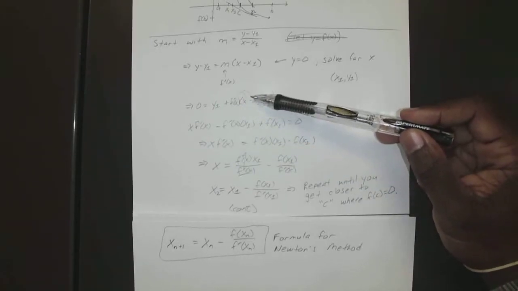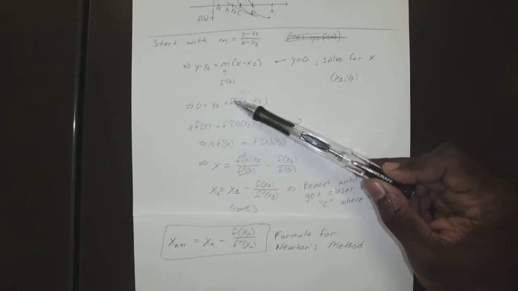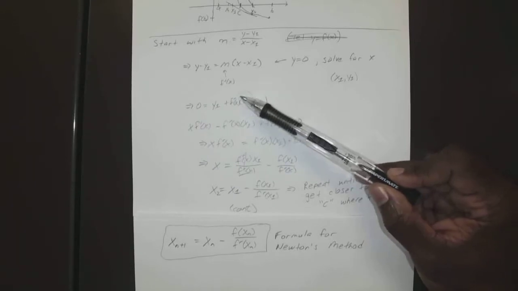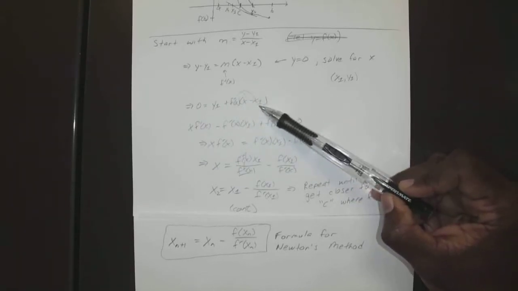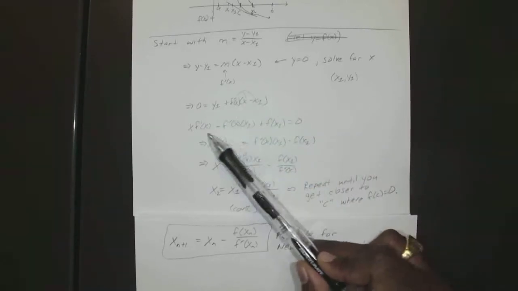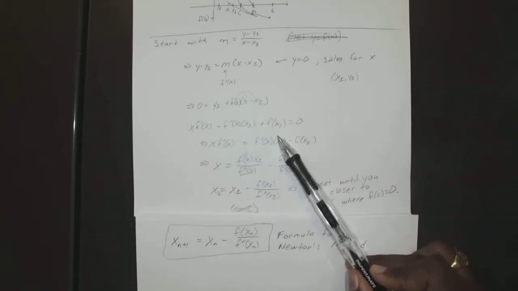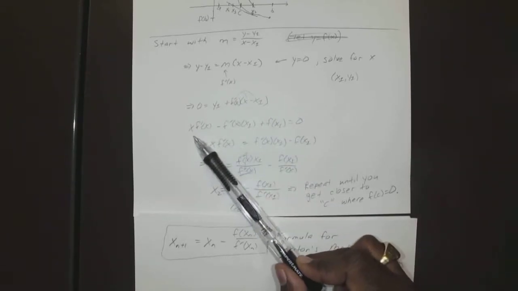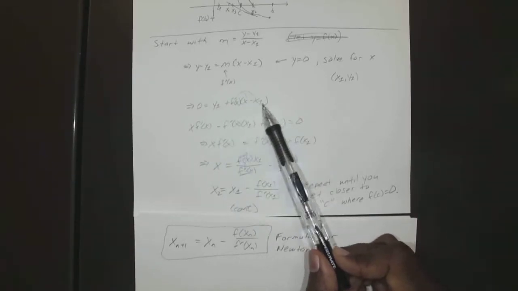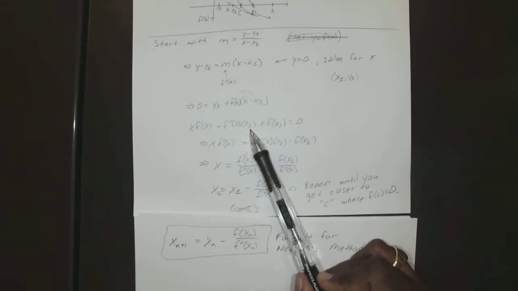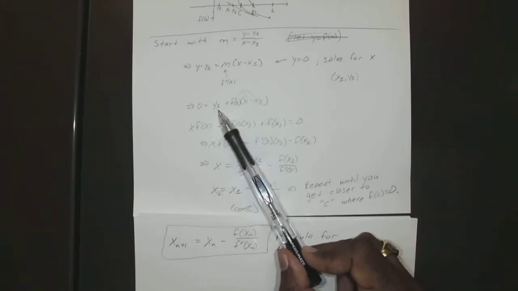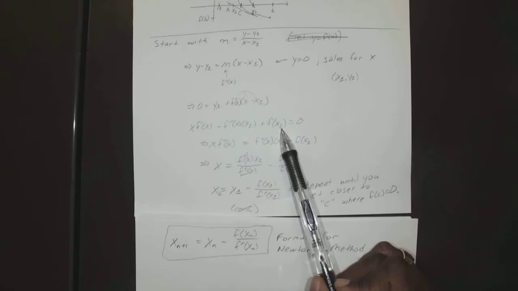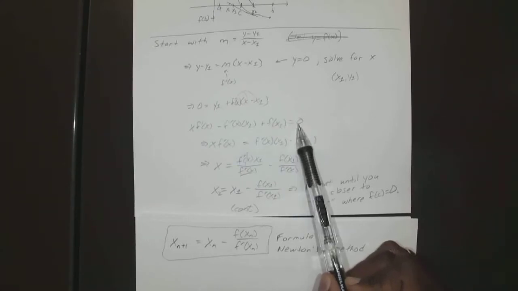Yep, so all I did was here, I have f prime of x times x minus f prime of x times x sub 1 plus your y sub 1, which we turned into f of x sub 1, equals 0.